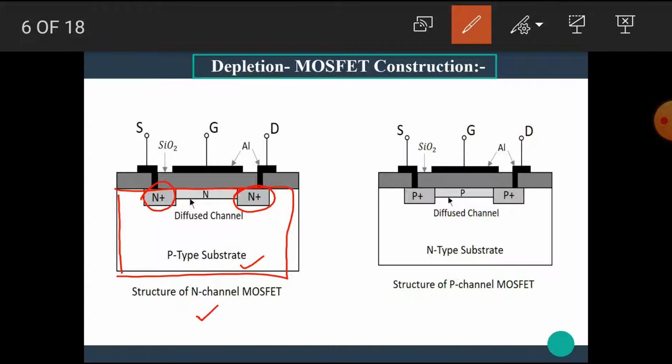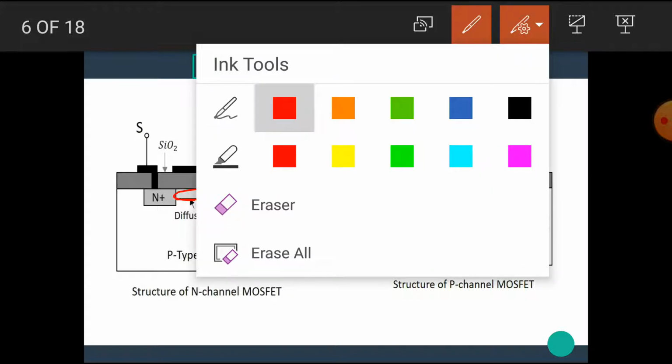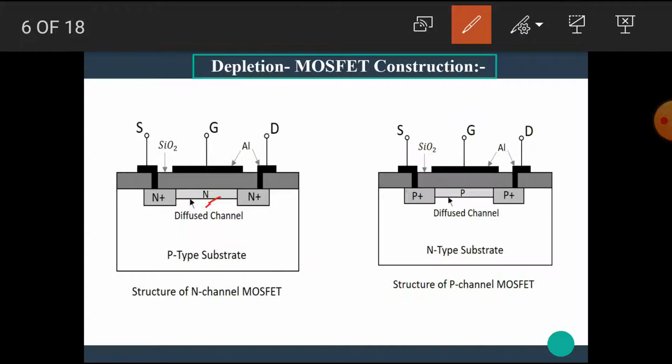These two heavily doped materials make the terminals drain and source. Then these drain and source are connected through an N-type material called the channel. That means here the channel is physically constructed between the drain and source terminal.